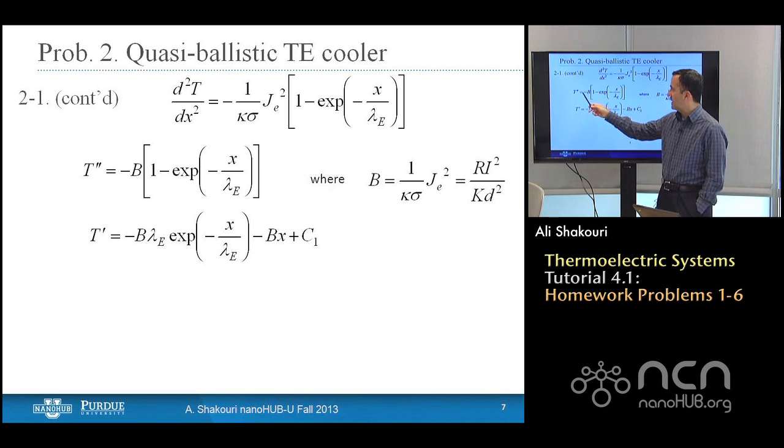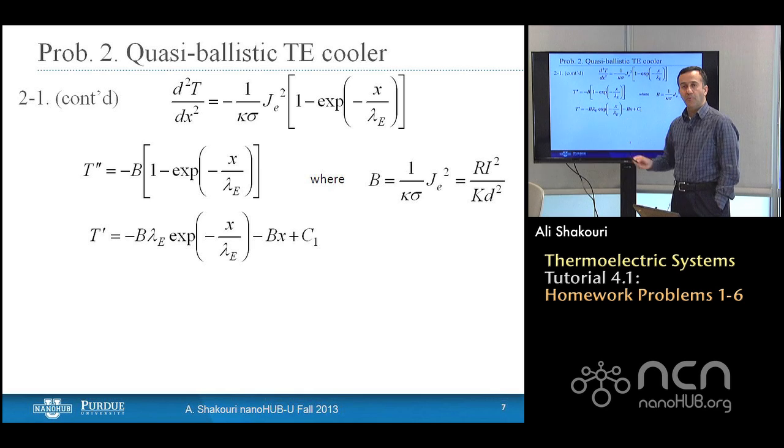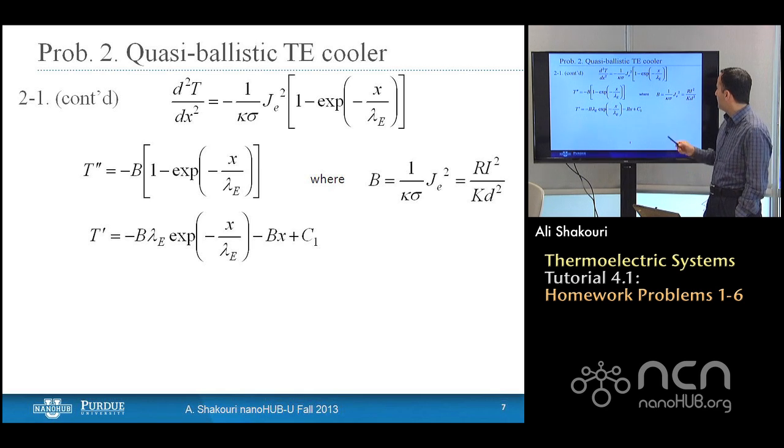The second derivative with respect to space is shown by T double prime. We introduce a constant b, which is given by this coefficient, because we just don't want to write that coefficient many times. Again, this coefficient can be written as a function of the ratio of the electrical resistance to electrical conductance of the leg, current squared divided by the thickness of the barrier.